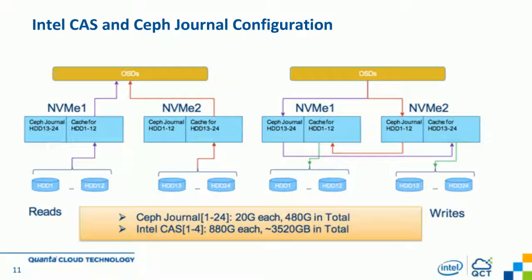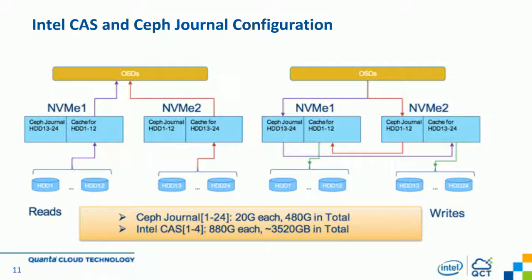As you can see, each storage node has two NVMe SSDs that serve dual purpose. One as Ceph journal, and the other as Intel cache acceleration software.